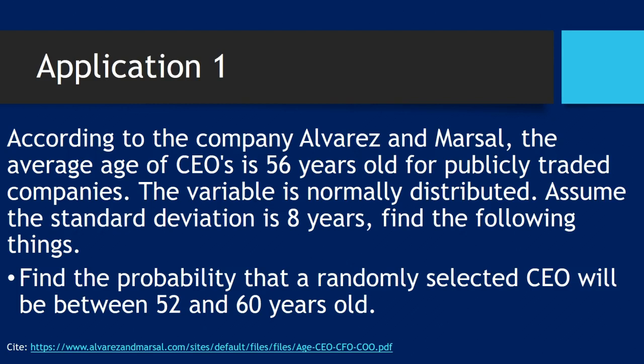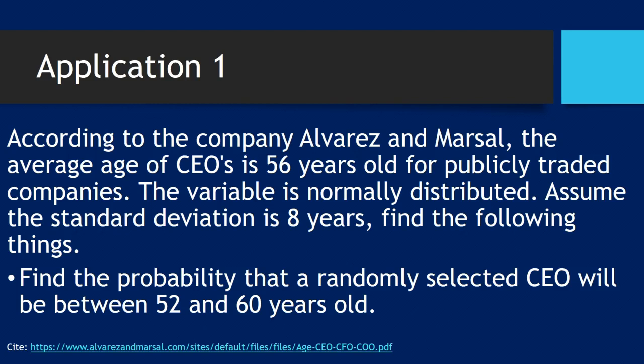So according to a company, Alvarez and Marsal, the average age of CEOs of publicly traded companies is 56 years old. The variable is normally distributed. Assume the standard deviation is 5 years.